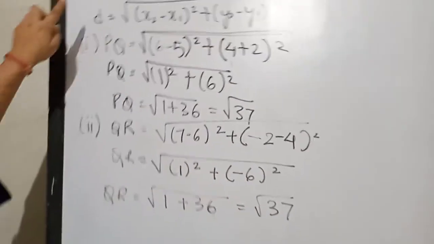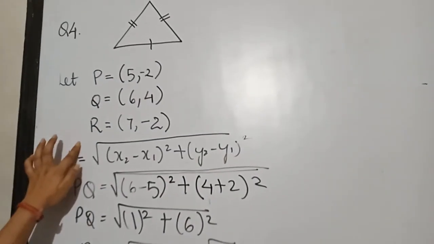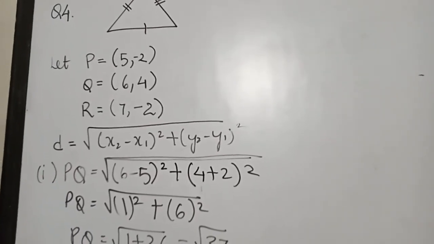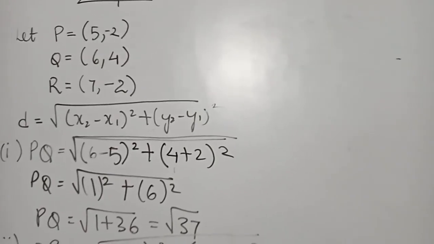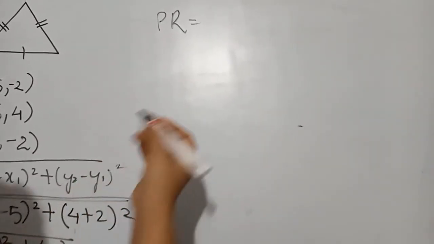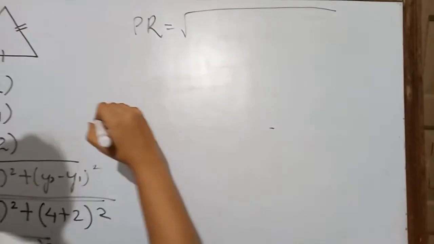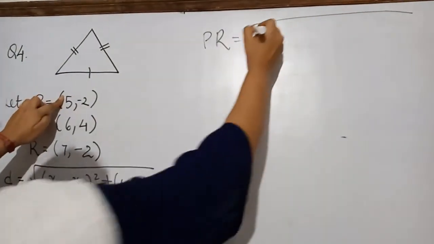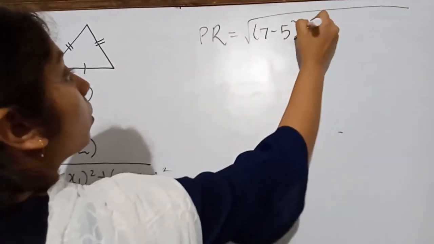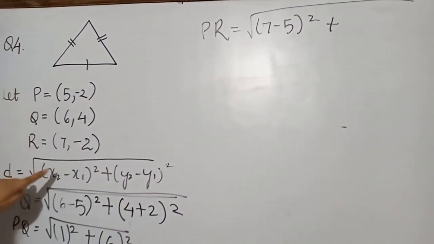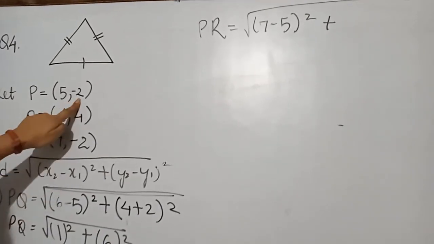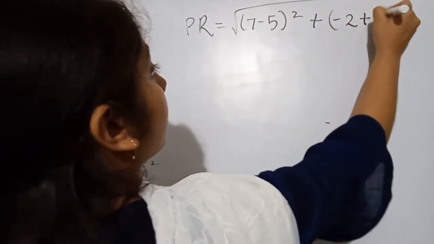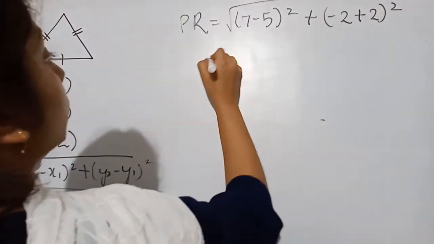Now the distance of P and R will let us determine whether the third side is equal or unequal. If it is unequal, then it will be an isosceles triangle. PR, the distance of P and R. So over here for P and R, x2 minus x1 is 7 minus 5. So this will be (7 minus 5) whole square plus y2 minus y1, that is minus 2 minus of minus 2, which will give you plus 2, so minus 2 plus 2 is 0, whole square, whole under root.